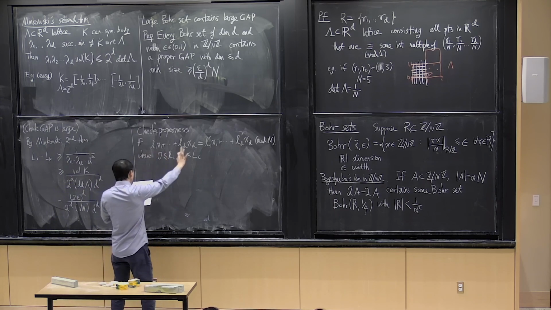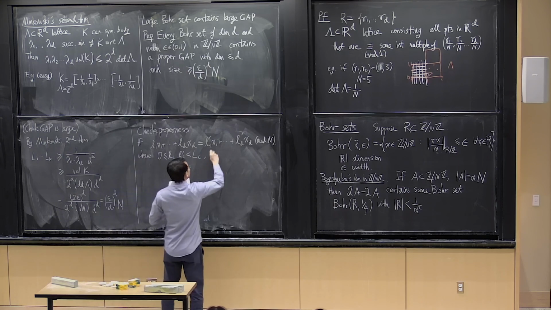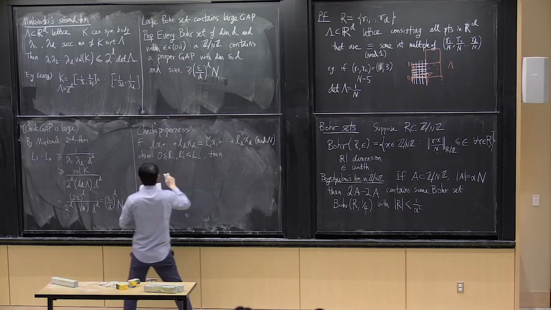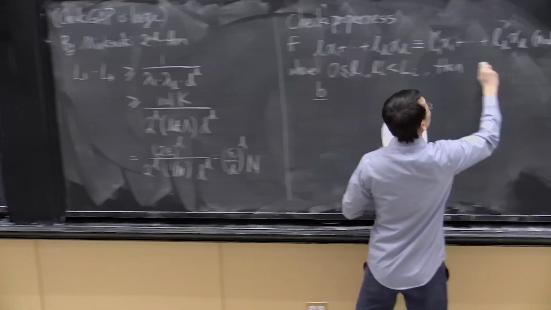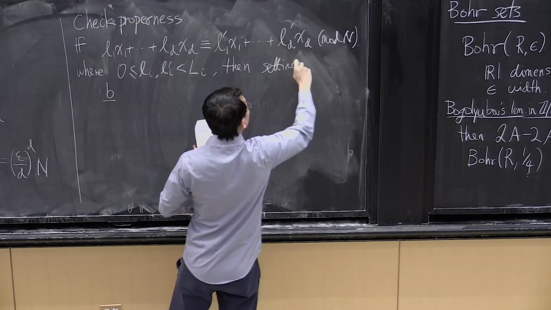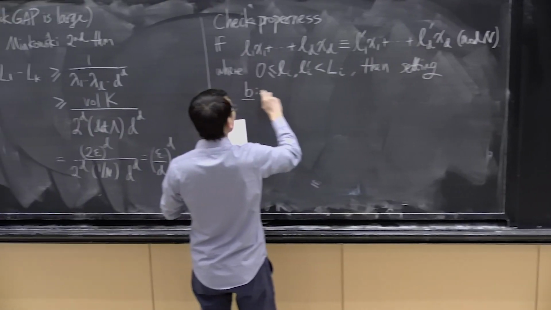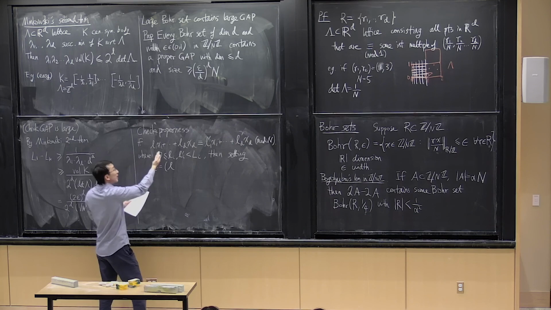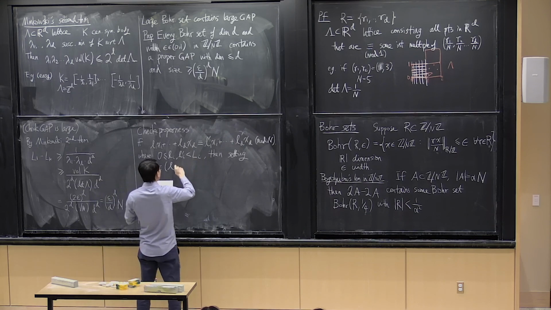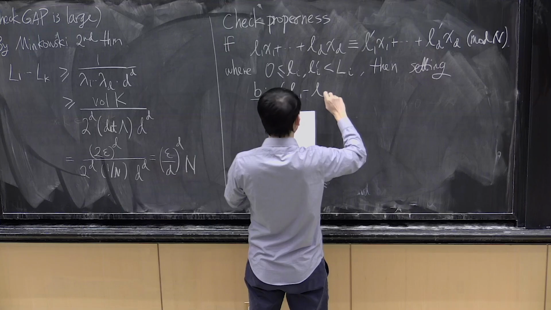Well, if it is true, then let's go back to the lattice, setting the vector b to be a vector originally that corresponds to the difference of these two numbers.